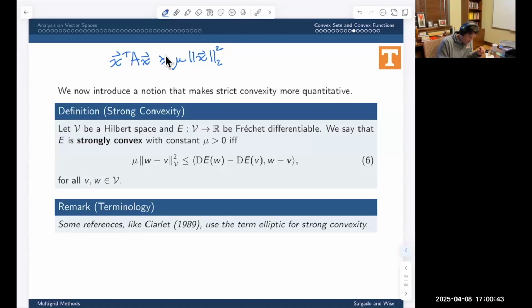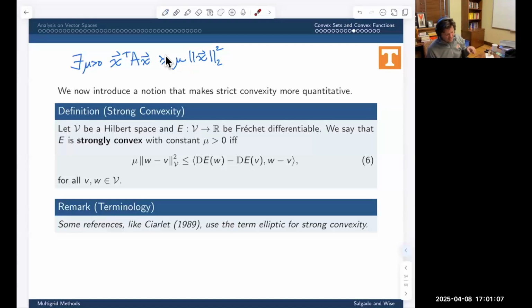There exists some mu positive. And that mu can turn out to be the smallest eigenvalue. So this allows us to not just prove that we have positive definiteness, but it allows us to quantitatively say how strong our positive definiteness is.